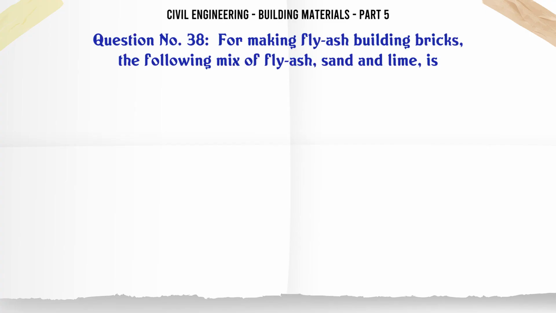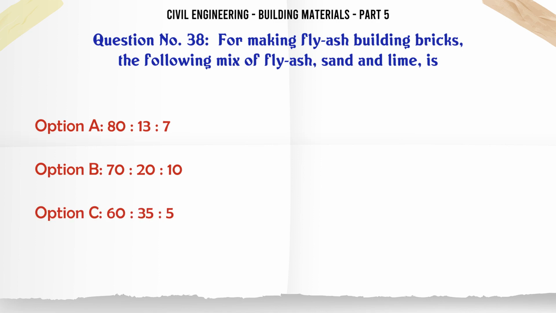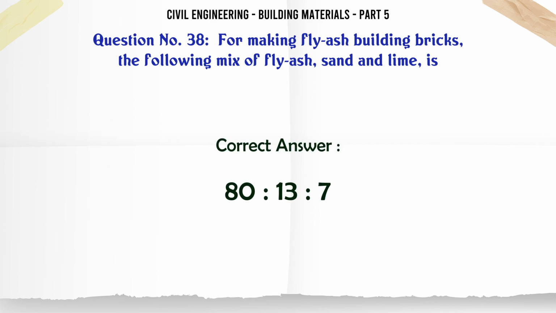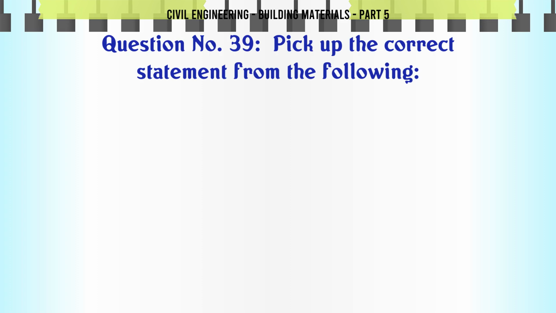For making fly ash building bricks, the following mix of fly ash, sand and lime is A. 80-13-7, B. 70-20-10, C. 60-35-5, D. none of these. The correct answer is 80-13-7. Pick up the correct statement from the following.